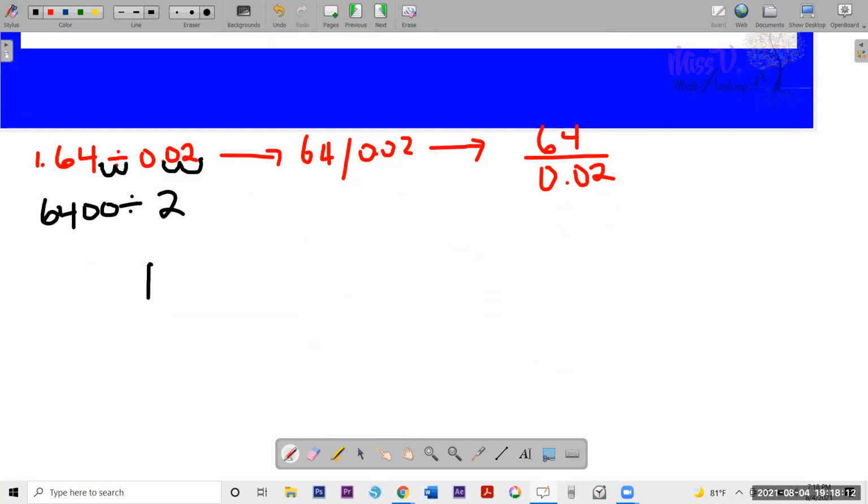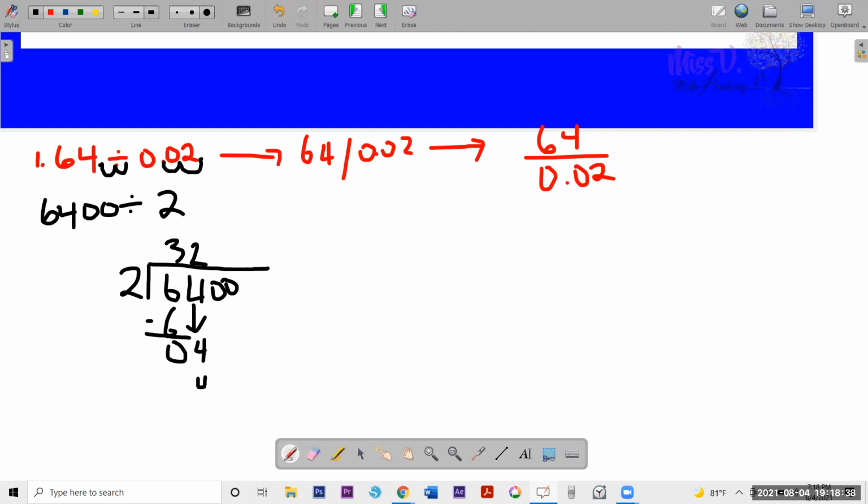So you have your division. Which number goes where? The number that you are dividing, you put in here. And the number that you're using to divide goes out here. And you divide accordingly. 2 into 6, 3. 3 times 2, 6. You subtract, 0. You bring down the 4. 2 into 4 goes twice. 2 times 2, 4.